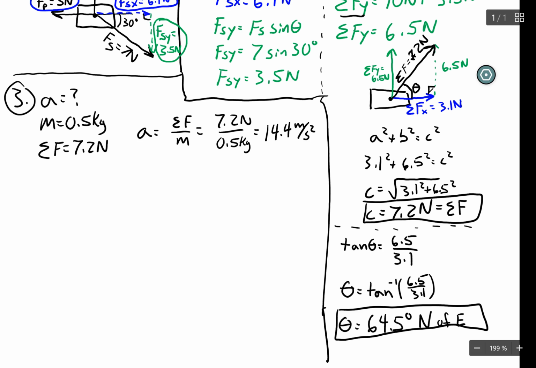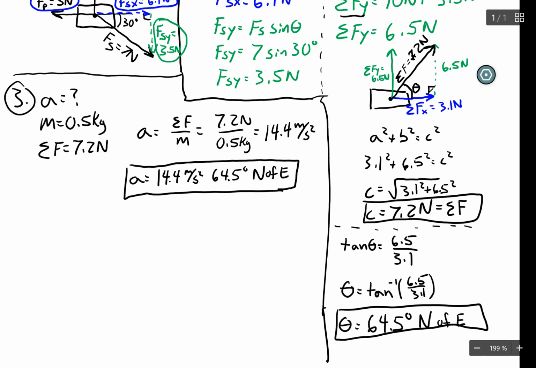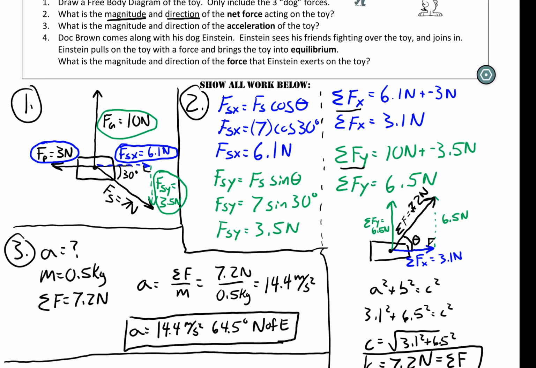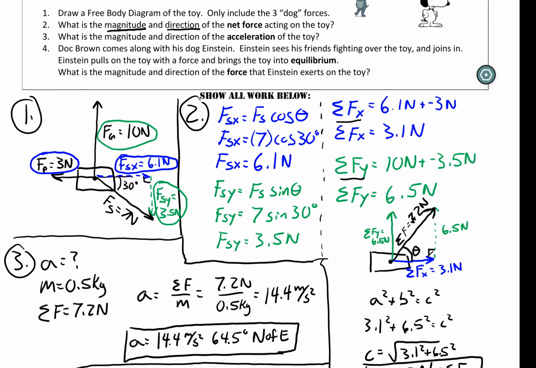So if we wanted to write it out, a is equal to 14.4 meters per second squared, same angle, 64.5 degrees north of east. And again, it's in the same direction as the net force. We already calculated the angle of the net force, so we don't have to do any more work with sine, cosine, tangent. We already did that. So basically, number 3 was impossible to do if you didn't know what number 2 was.